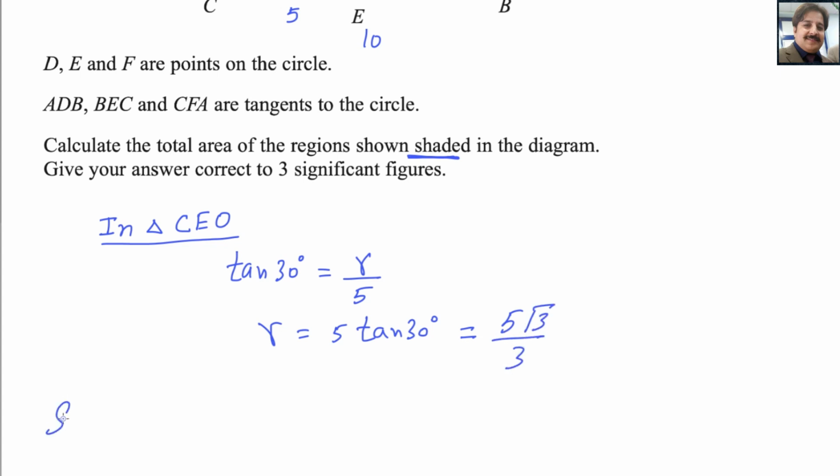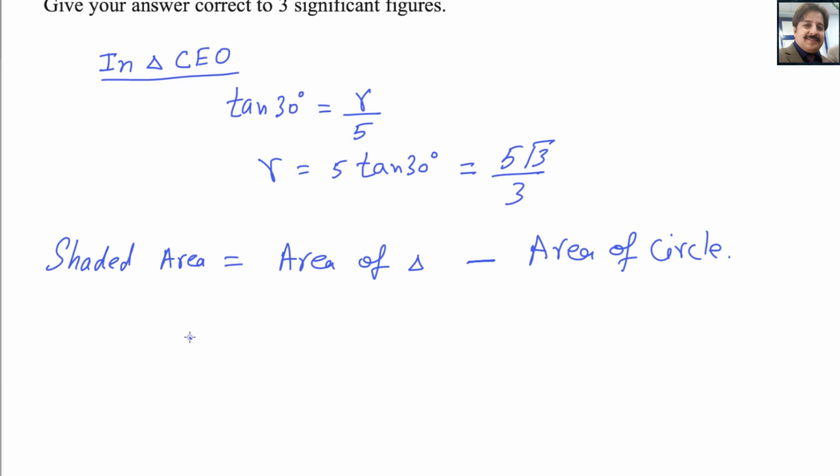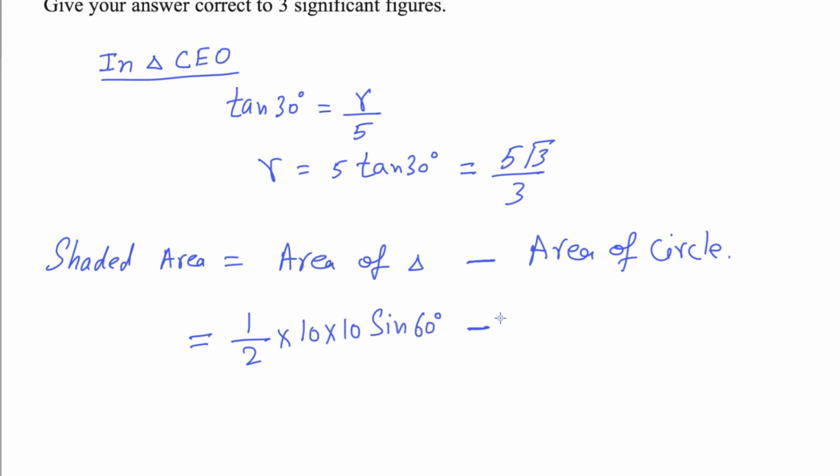The shaded area will be equal to the area of the triangle minus the area of the circle. The area of a triangle formula I already told you: 1 over 2 multiplied by ab sine theta. a and b are two sides, and theta is the angle between those two sides. Here the sides are 10 and 10, and sine 60 degrees in the triangle, minus the area of the circle, that is pi r squared.